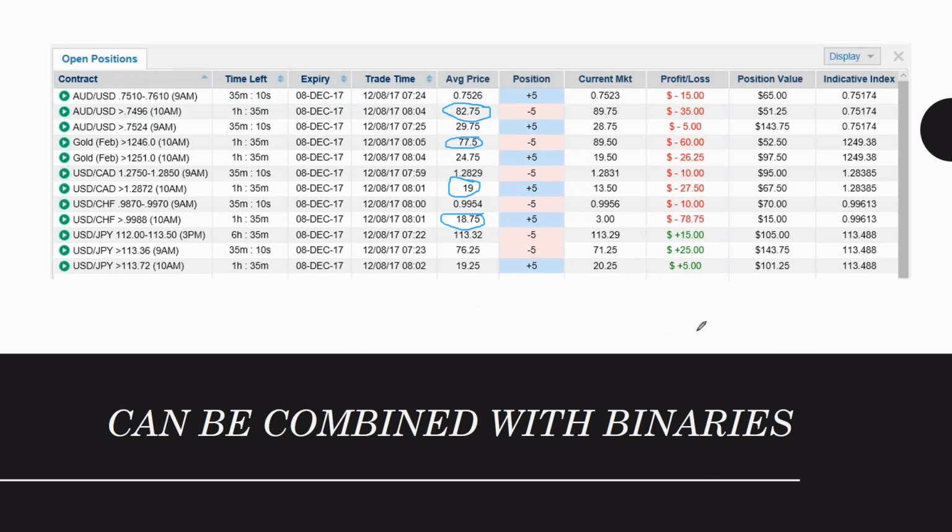These are very powerful when you combine them with the binaries. It just gives you different ways to strategize your trade and say, okay, if it goes against me, I've got this one to cover it, because we know it's going to move, and it did.